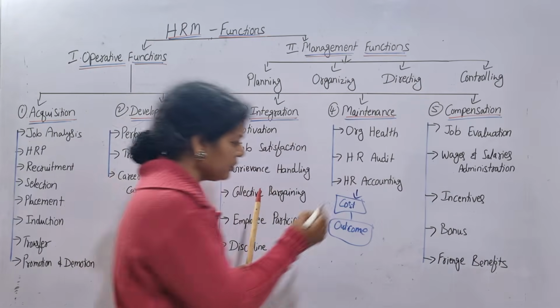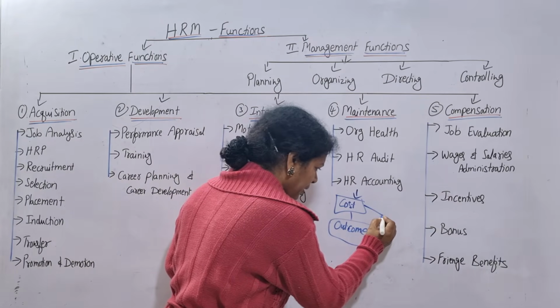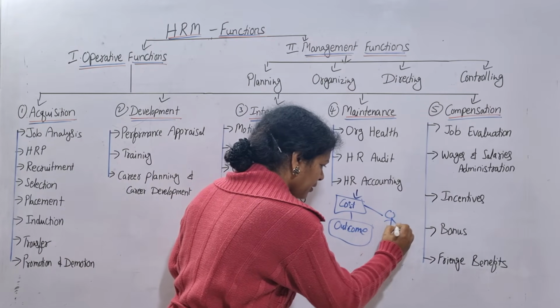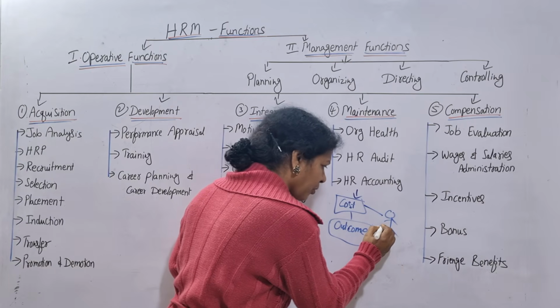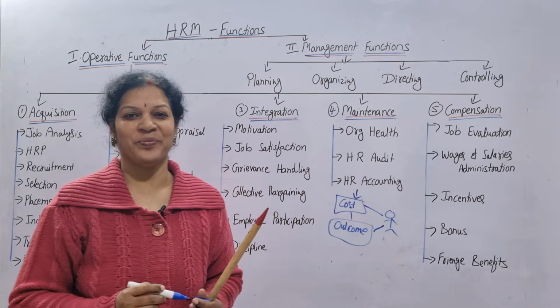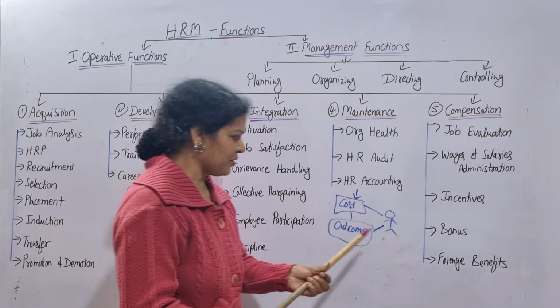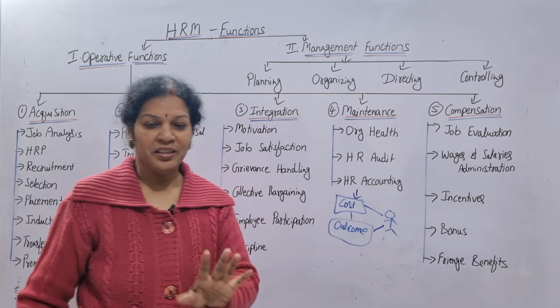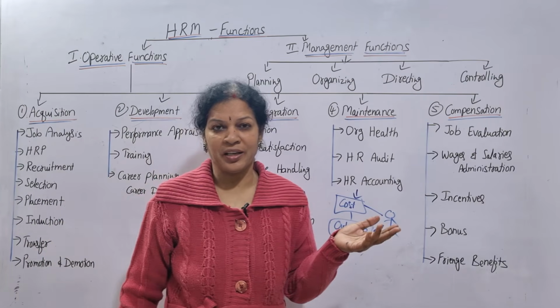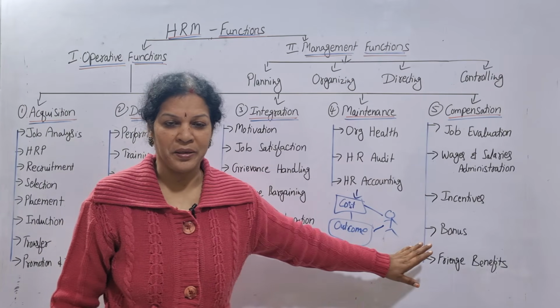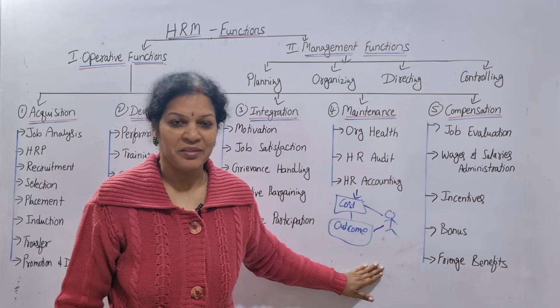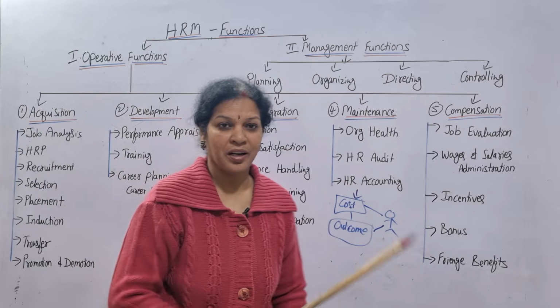HR accounting means the cost we have spent on one employee, suppose, and what is the outcome from him. Suppose on this employee, yearly we are paying around 30 lakh of salary, but what is the outcome he is giving? This comes under the HR accounting.